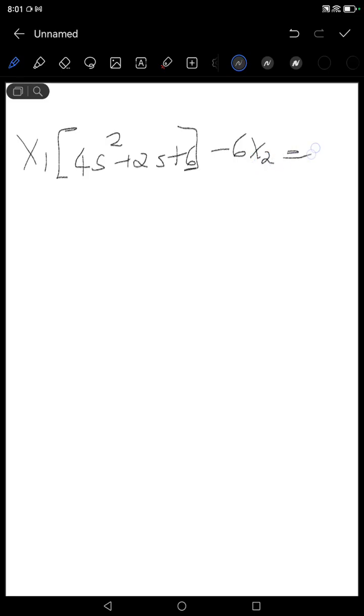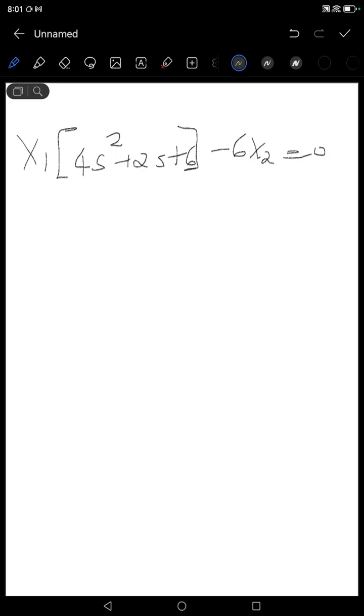So let me just write the equations, and then you'll see how to determine X3 over F(s). So the first equation was X1 times (4s squared plus 2s plus 6) minus 6 X2 equals 0. That was the first equation.